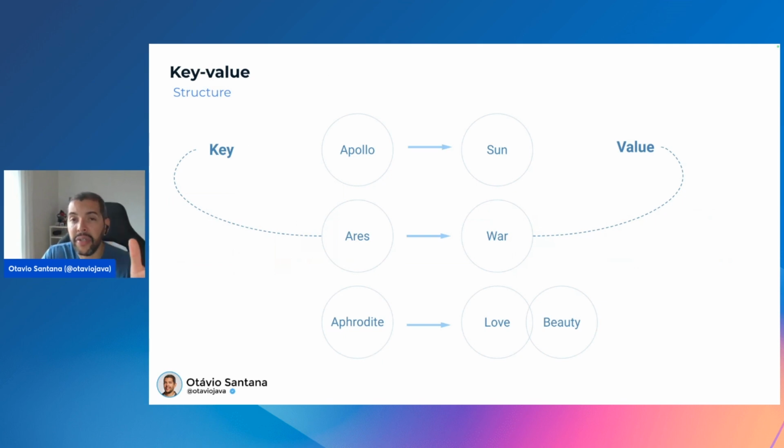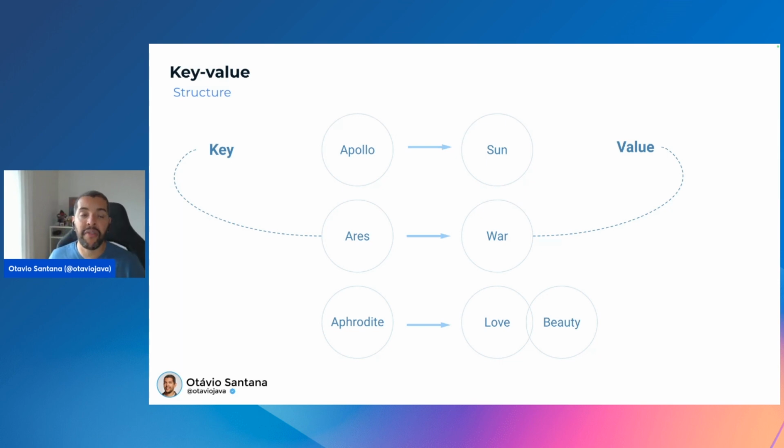As I mentioned to you, NoSQL databases are mostly defined by the structure, or the way that we store information in the database. Starting with the simplest, most straightforward one, we have the key value.